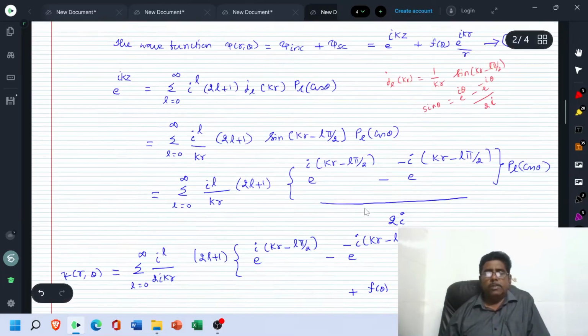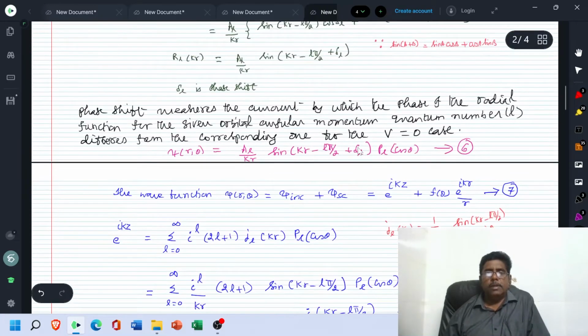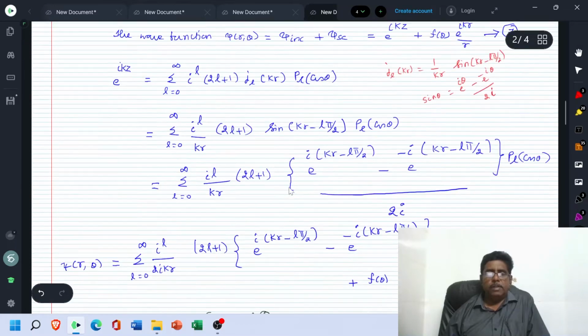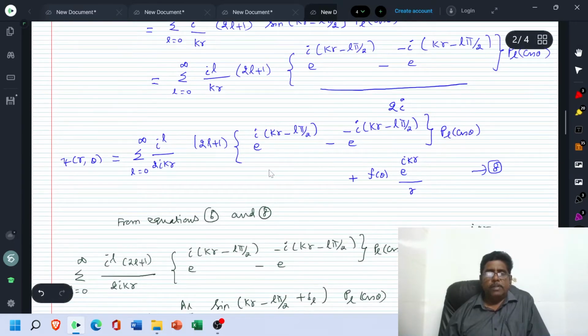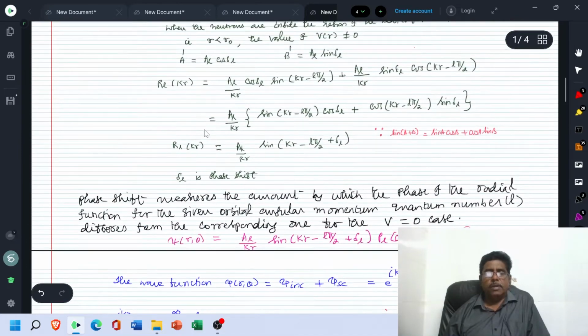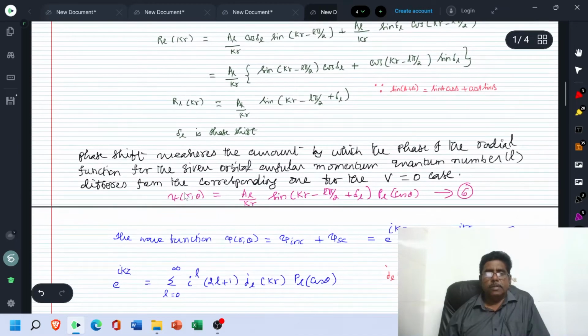Now this is equation 8, this is equation 6. The left hand side should be equal to the right hand side. See here, this is the left hand side, ψ(r, θ). This is the left hand side.